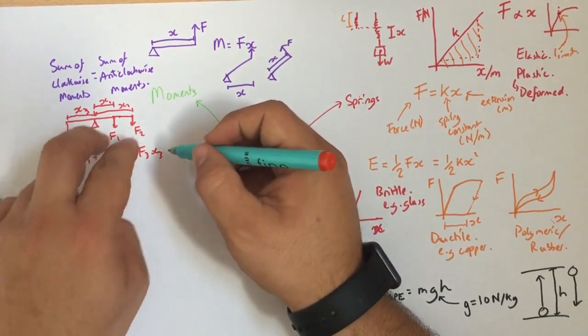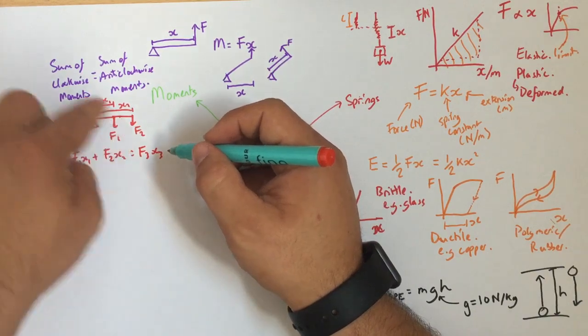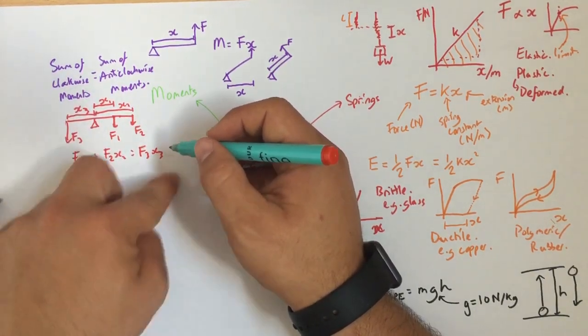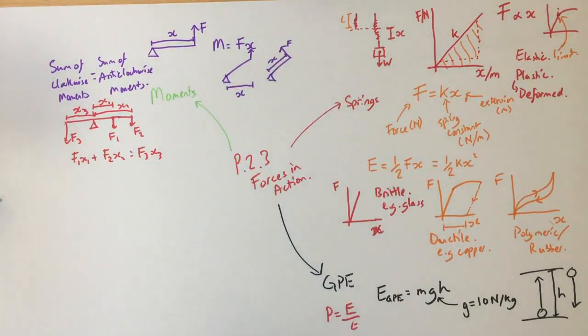So the sum, if I add up all the moments on one side, so this one plus this one, will equal all the moments on this side if it's balanced. And from that, I can then rearrange that and work out any of the distances or the moments.